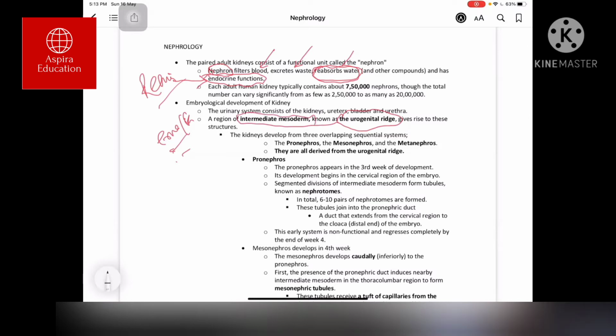So there has been a question that the human kidney develops from the urogenital ridge, which is sourced from the intermediate mesoderm.